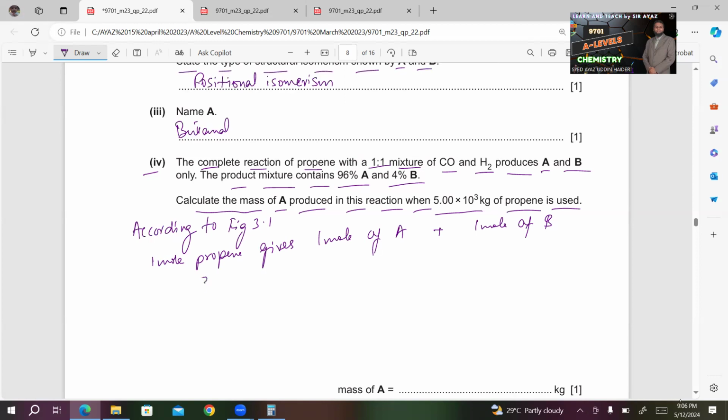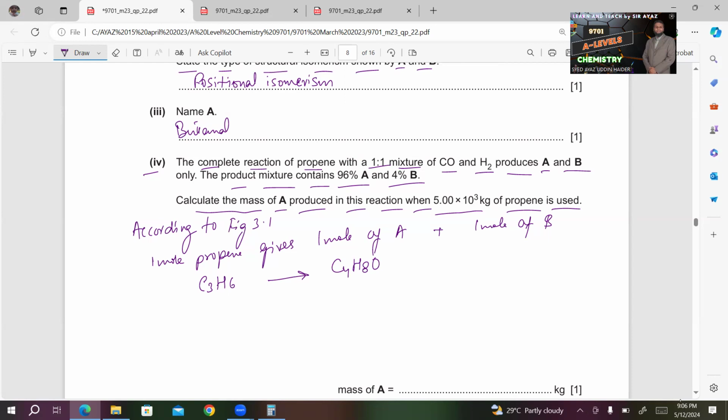It's C3H6. The product we are getting is C4H8O. No need to write the formula for the other product. It also has the same molecular formula.